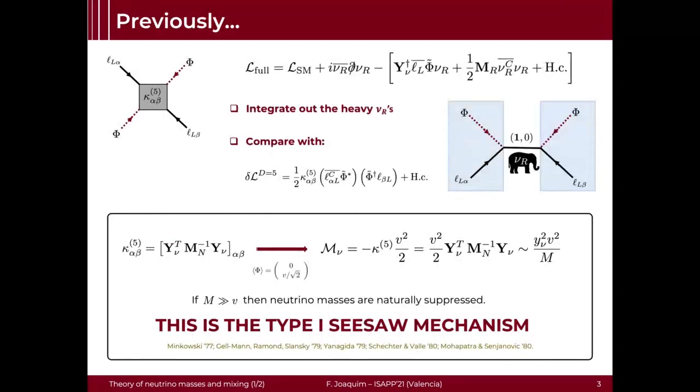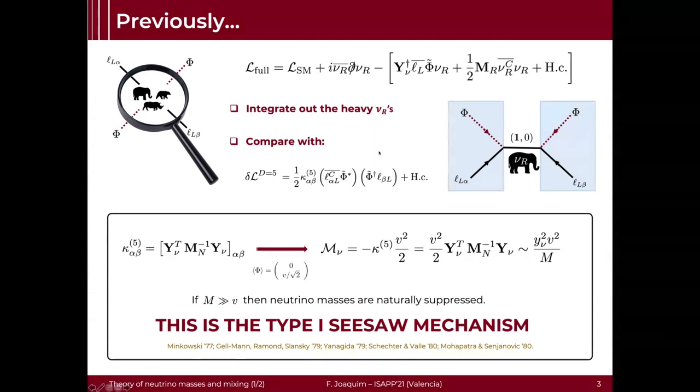So if you remember, on Friday, we were looking at the three-level realizations of the Weinberg dimension 5 operator. Basically, we were looking inside the structure of the operator and trying to find out what kind of new degrees of freedom we can add in order to generate the five-dimensional effective operator.